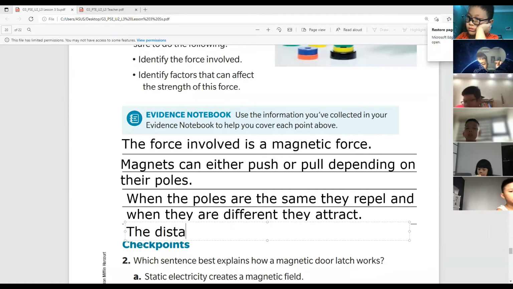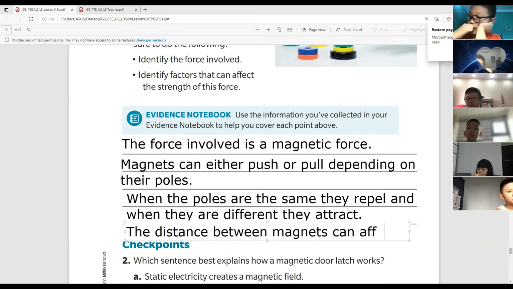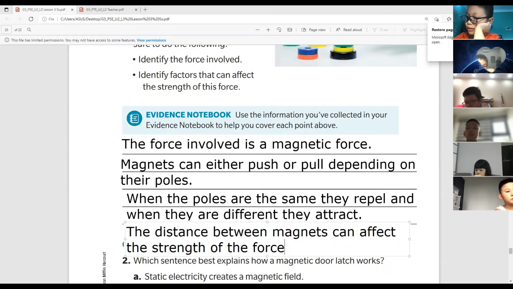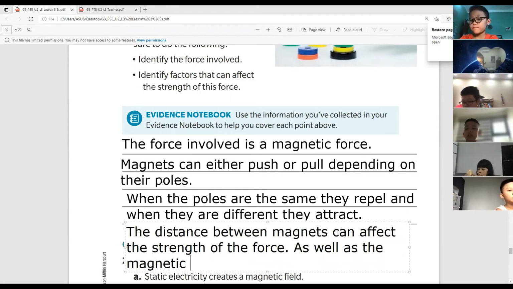The distance between magnets can affect the strength of the force, as well as the magnetic field.